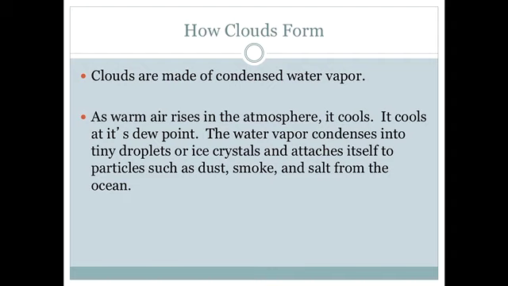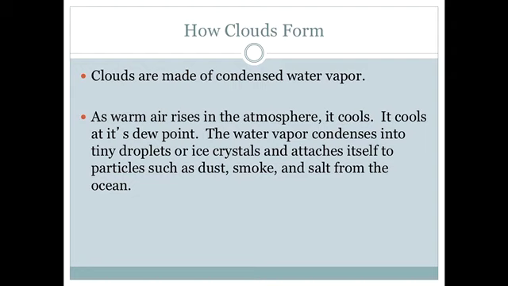So in other words, you've got to have a particle of dust or smoke or salt in order for a cloud to form, because those water droplets have to have something to cling to in order to initially start building a cloud. It's got to have that.